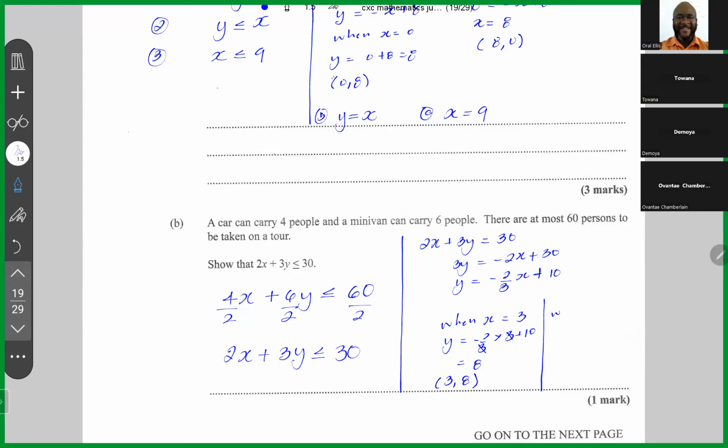So when x is equal to 9, y would be equal to minus 2/3 times 9, plus 10. This is minus 6 plus 10, which is 4. So this is 9, 4. I only need 2 points to draw a straight line graph, so I have enough. The points are 3, 8 and 9, 4.